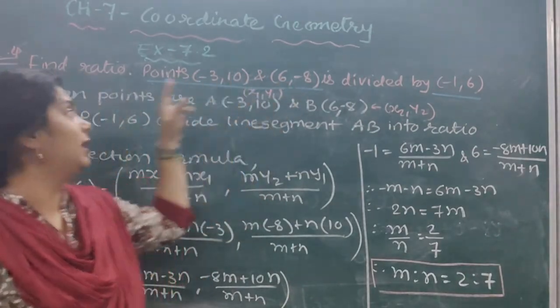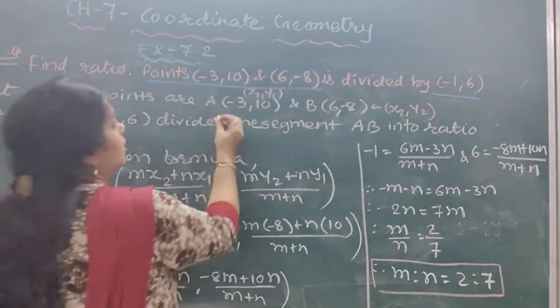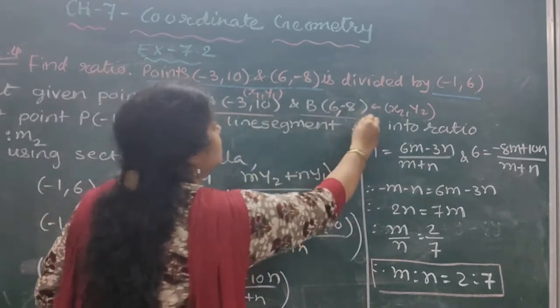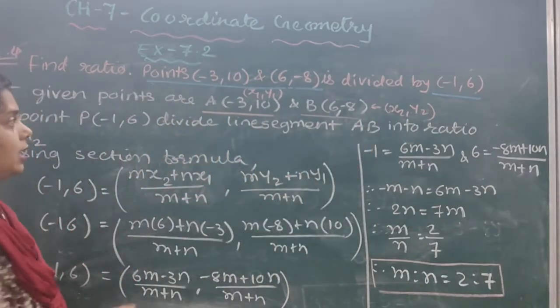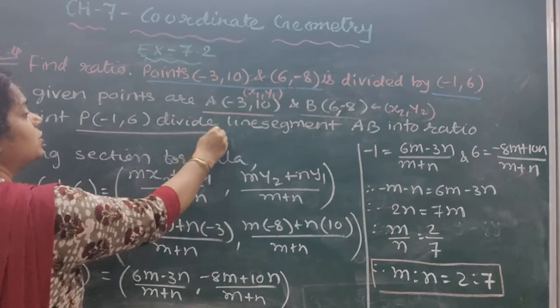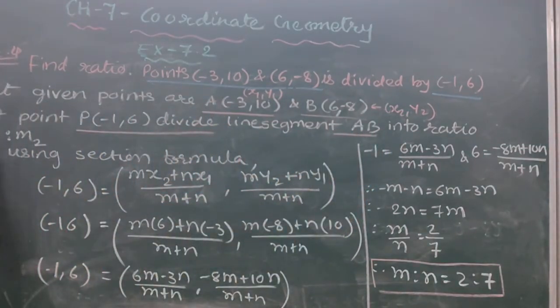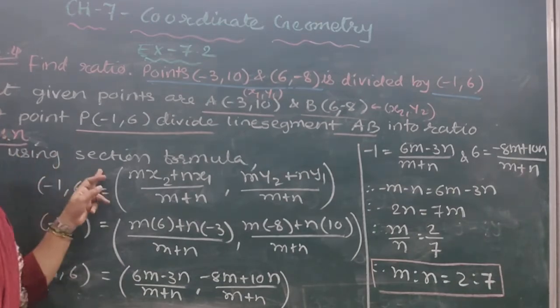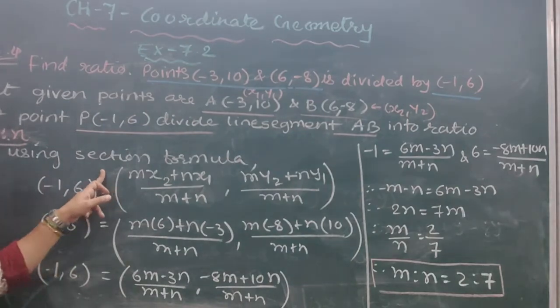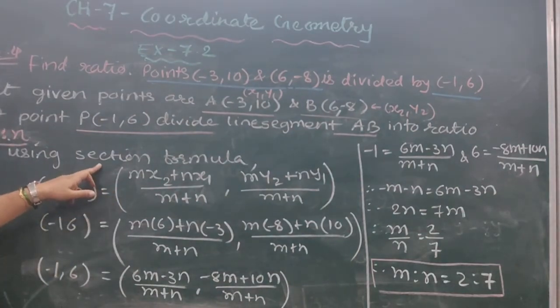Let A be minus 3, 10, B be 6, minus 8, and P be a point which divides line segment AB into the ratio m is to n. Now how to find it? The same section formula you are going to use here to find the ratio.